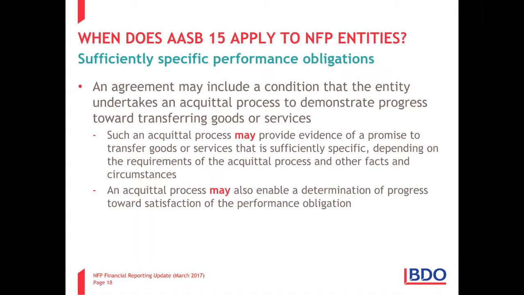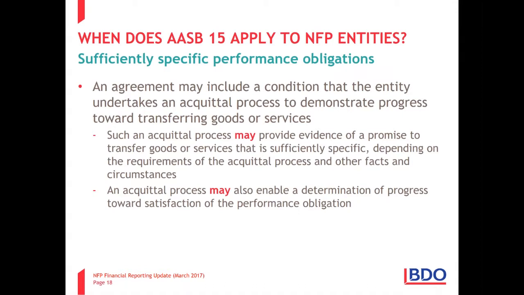The following, they say, may be specific enough. Judgment is required. We have to look at it carefully. With this one, an agreement may include a condition that the entity undertakes an acquittal process to demonstrate progress towards transferring the goods or services.